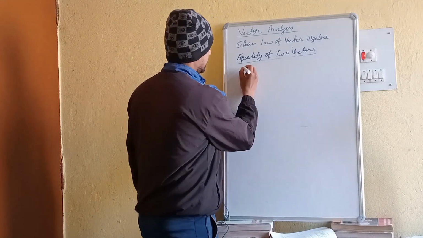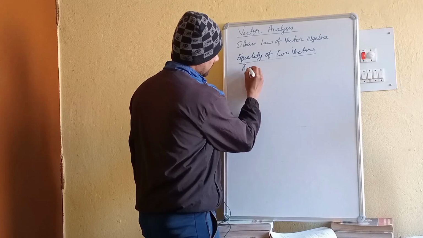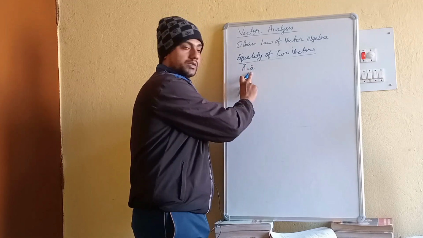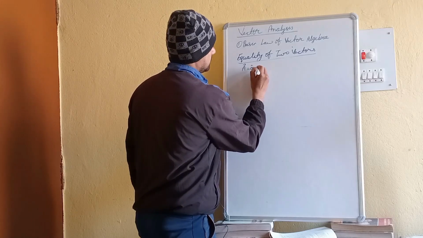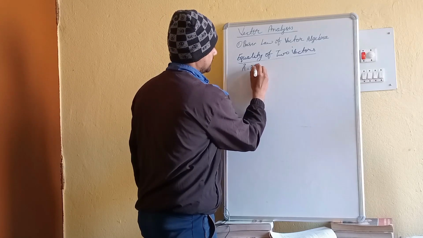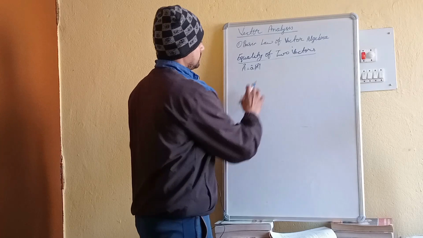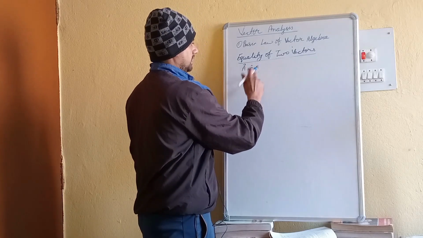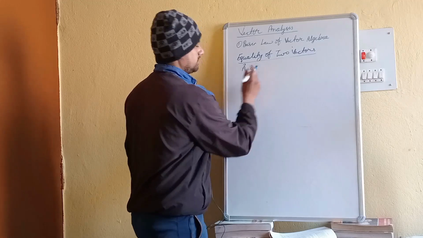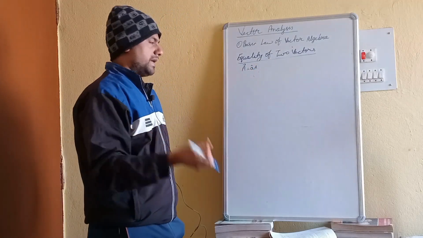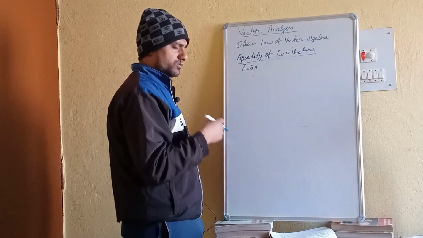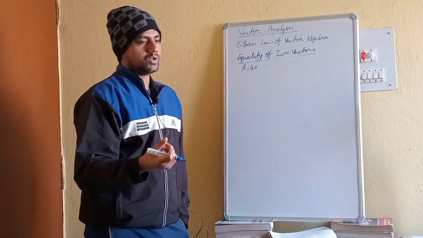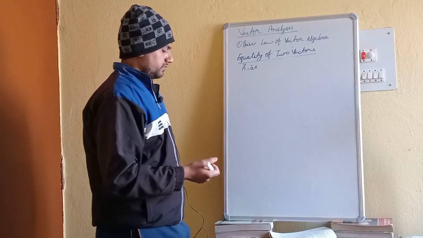For example, a vector A. That particular vector I can write with the unit vector and its magnitude. In place of the mod, I can also use only this A. It means if I simply write A, it represents the magnitude of vector A. So from now onwards, I will use only the letter, not the mod with the letter.